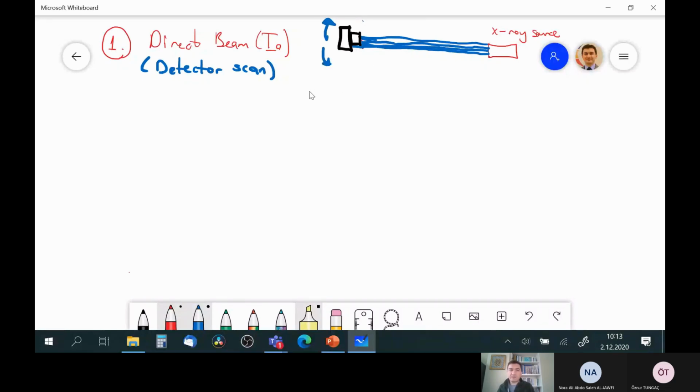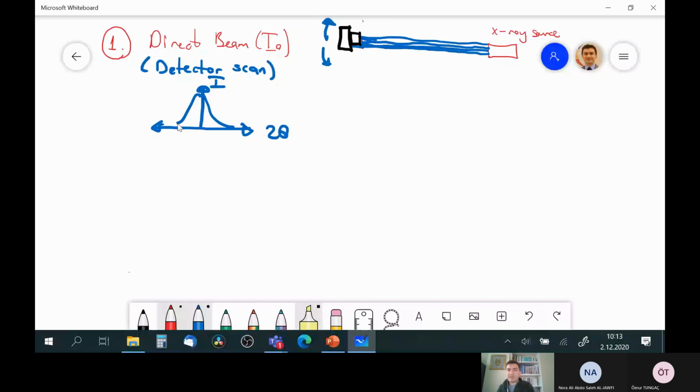How to do that? We have to move the detector in the theta axis. This is the intensity that goes to the detector. So if the detector is staying at the correct position, then you should see this type of behavior.